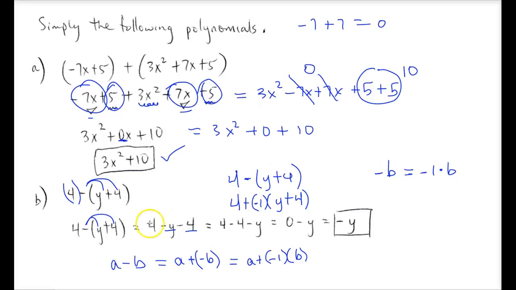And then, of course, from there, we know 4 and -4 are like terms. And so 4 minus 4 is just 0, and y is all by itself. So 0 minus y just gives us -y. So that's the reason why this looks the way that it does. Okay. All right, let's move on to our next examples.